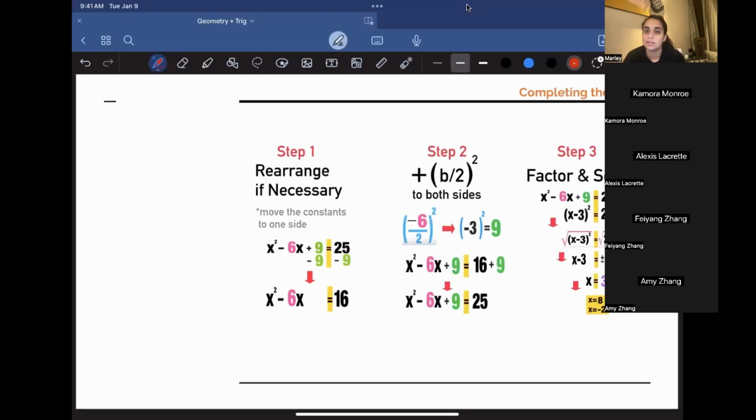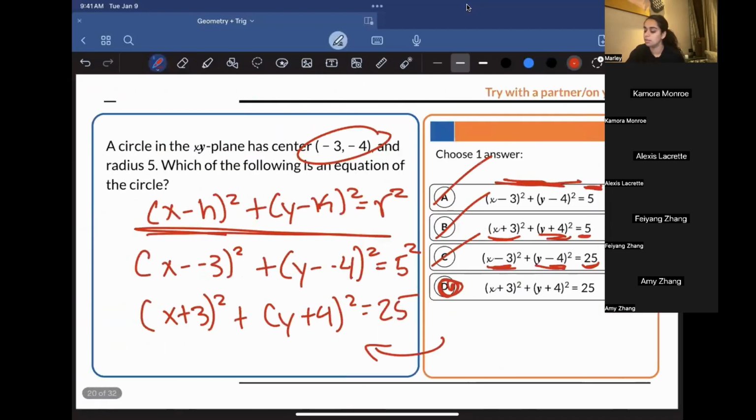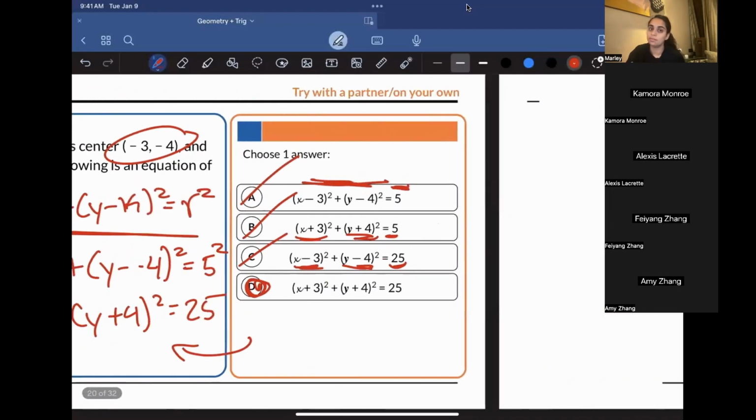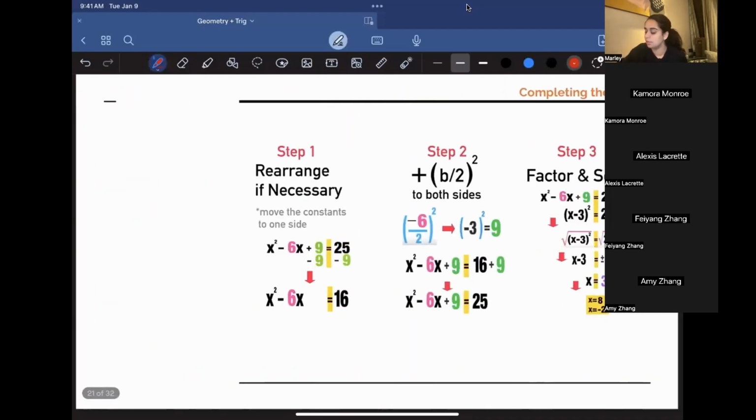If we have an equation where we're supposed to add enough to get it in the circle equation form, we sometimes have to, like, if we see x² − 6x = 16, and we want to make it a circle equation, we just need to complete the square.